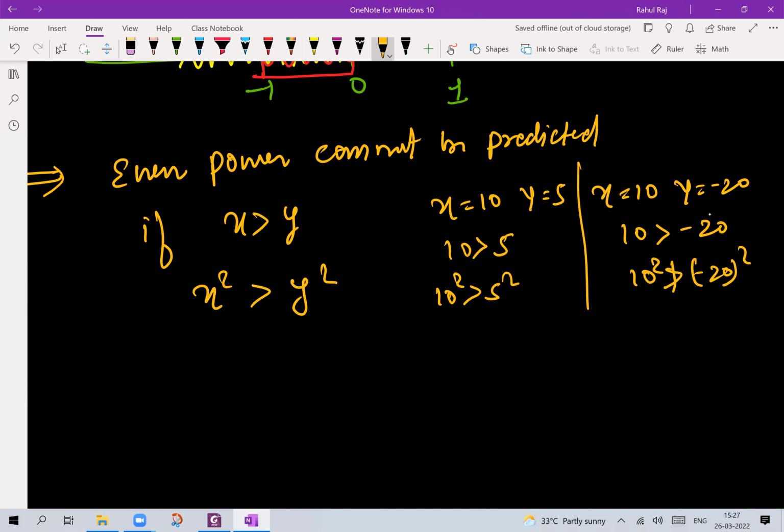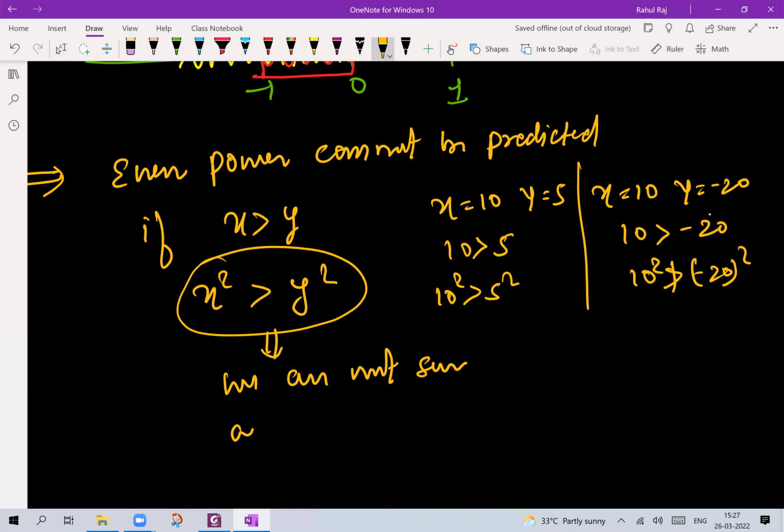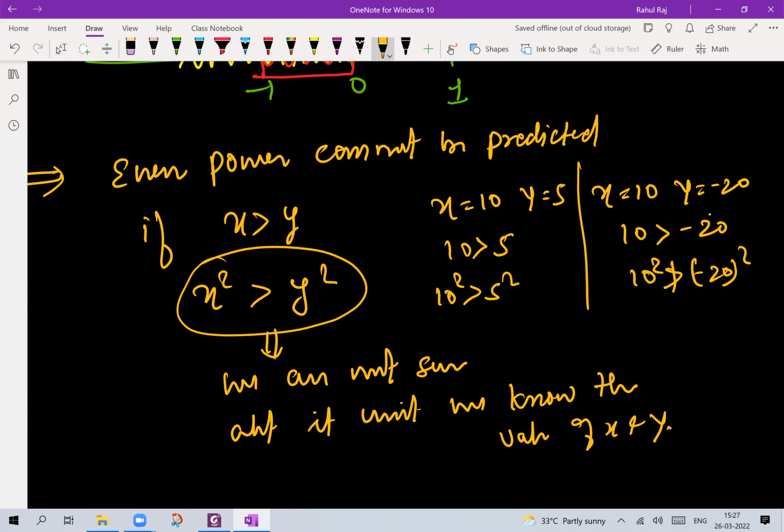And that's the reason I say even powers cannot be predicted. If x is greater than y, x square is greater than y square, we are not sure about it until we know the value of x and y. Agreed?